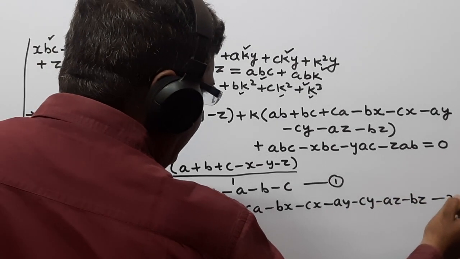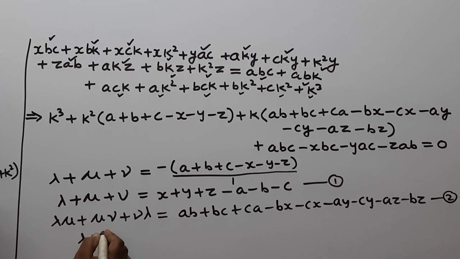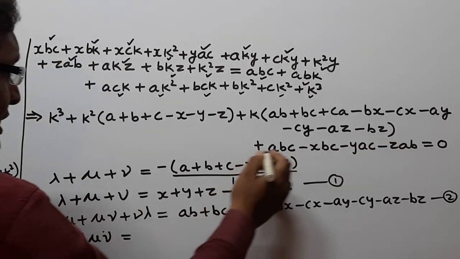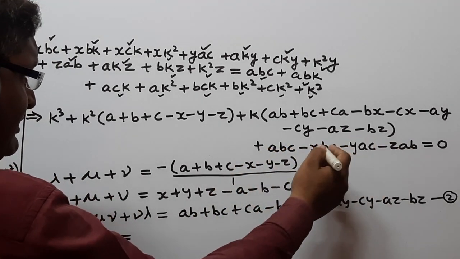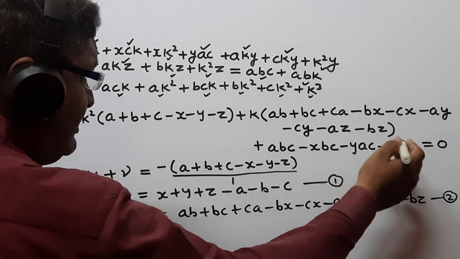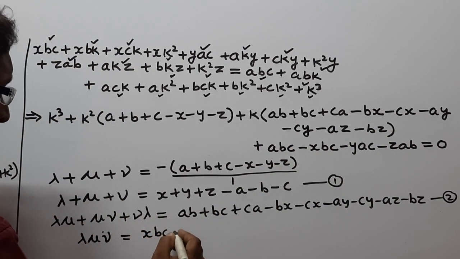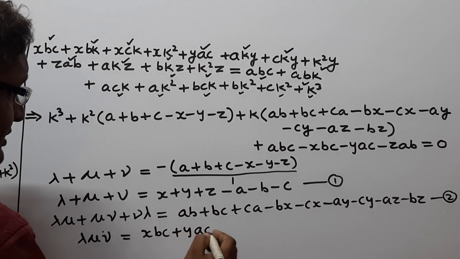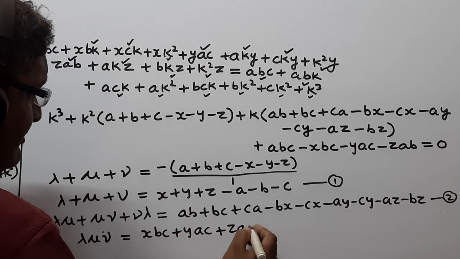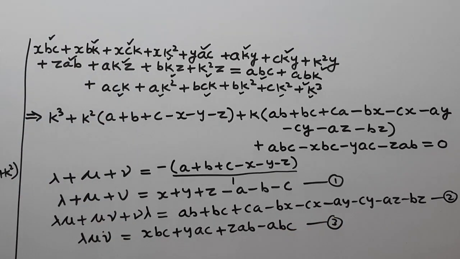Suppose this is second. And we find the product of all three roots lambda, mu and nu. This is equal to minus times (abc minus xbc minus yac minus zab). So this becomes xbc plus yac plus zab minus abc. Suppose that this is third.